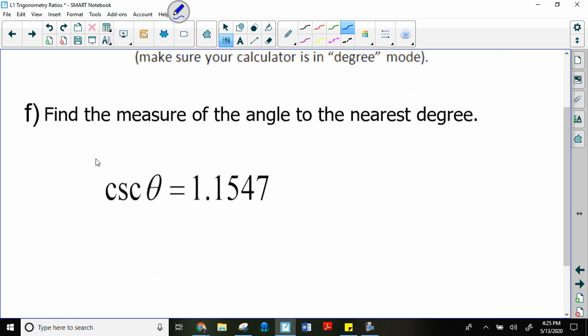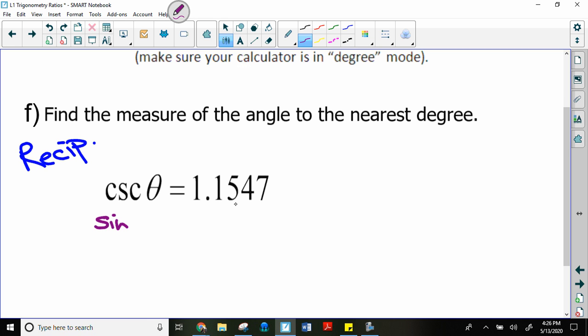This is reciprocal. If we're dealing with reciprocal, we have to figure out who was your original one. So if it's cosecant, your original was sine. That's your reciprocal. So when you've got a reciprocal ratio as your answer, we have to undo the ratio.